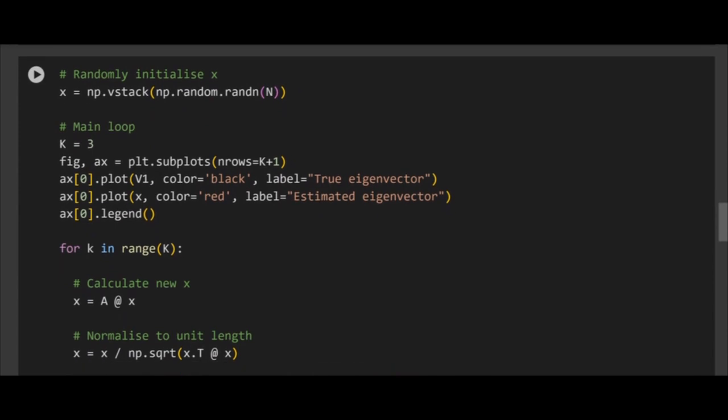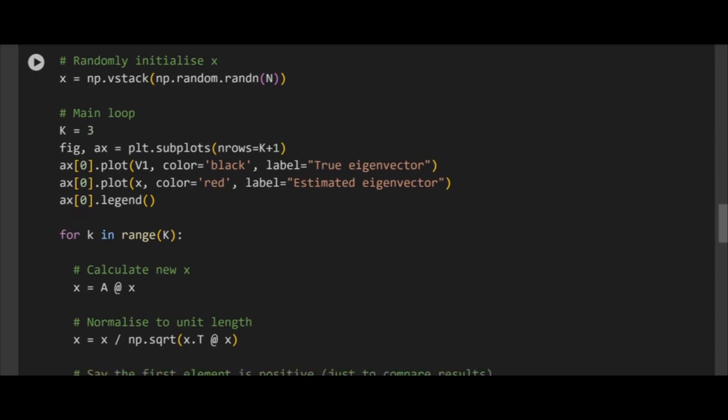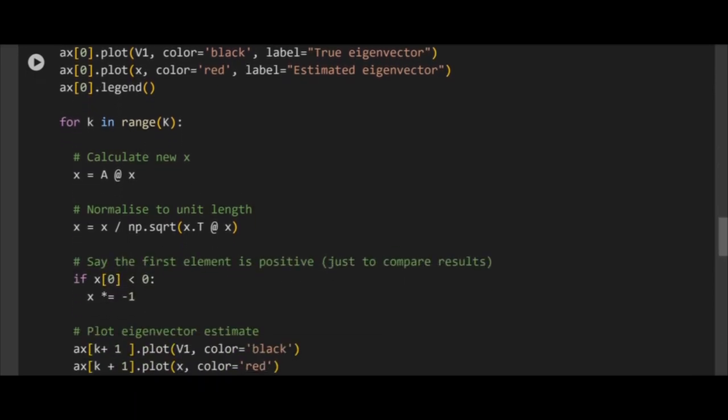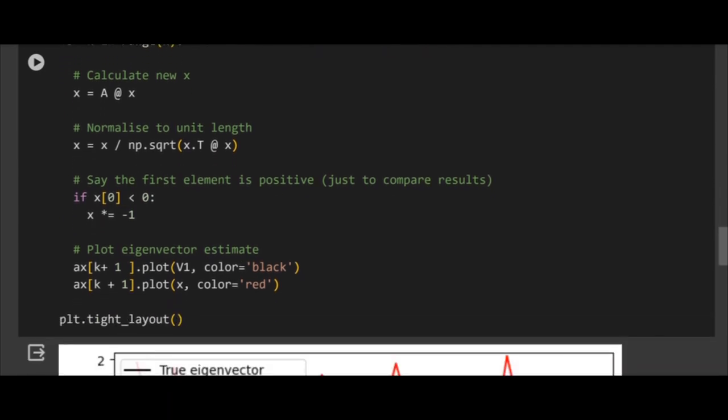I've got a randomly initialized vector x. It's going to go through this loop. So we're going to plot the random initialization against the true dominant eigenvector. Here's the power iteration method. So we pre-multiply by A. We normalize it to be unit length, as I said. Again, this is just to make sure that the first element of our estimated dominant eigenvector is positive.